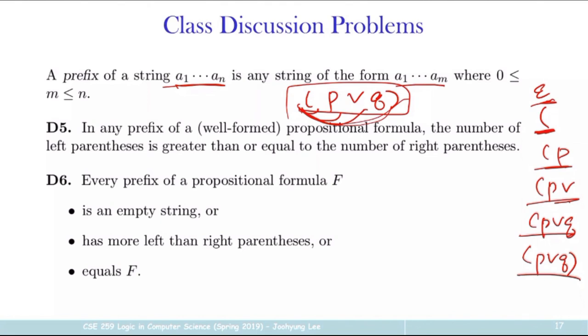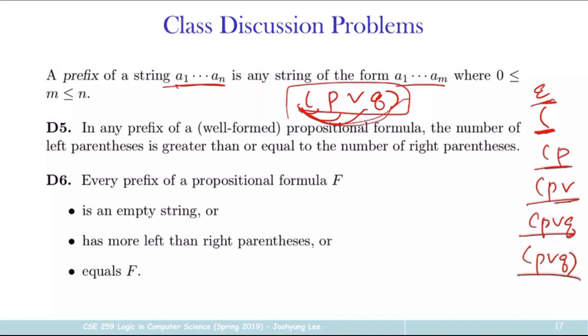All right. The other one is that any prefix of a formula is either an empty string, or has more left than right parentheses, or equals F. So for example, these are all the prefixes of that formula. The first one is the empty string.